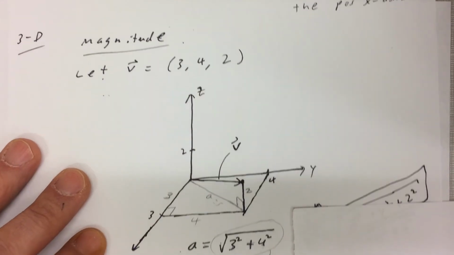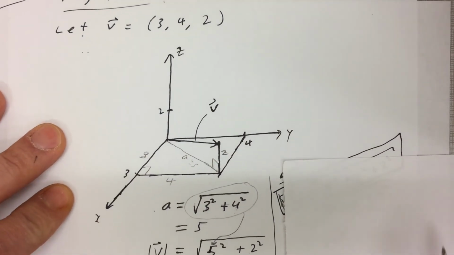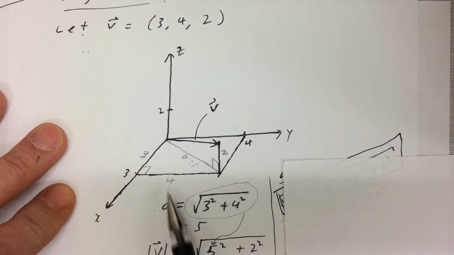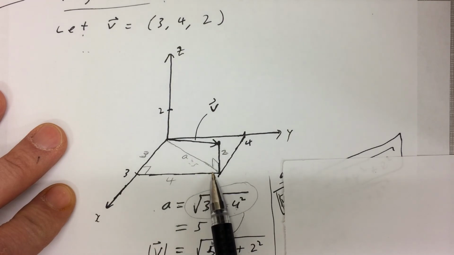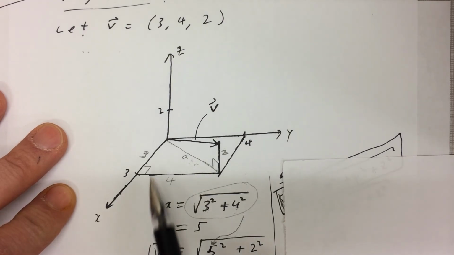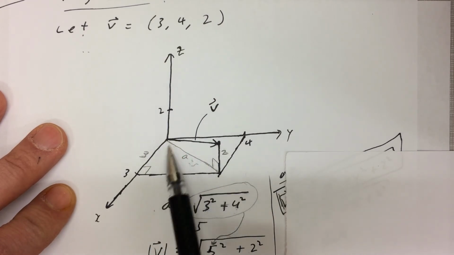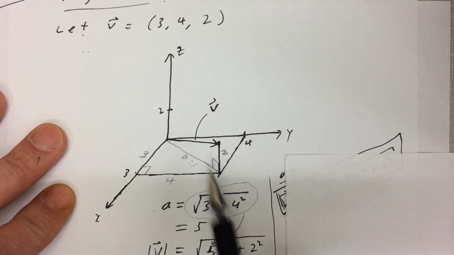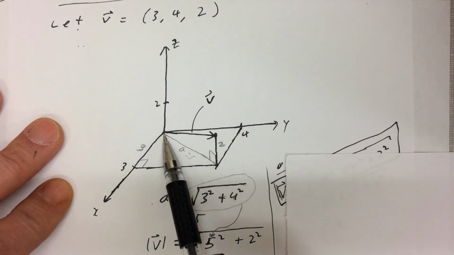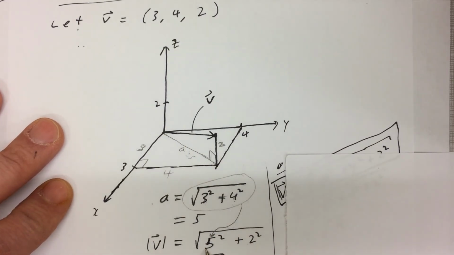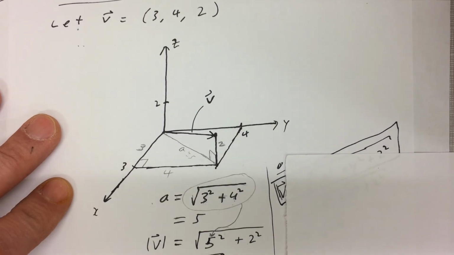Okay. So this is just what I was saying. You got a, which is this line here, equals root 3 squared plus 4 squared, which is 5. Okay, using that right triangle there at the bottom. And then once you've got that, use Pythagorean Theorem again with the 5 and the 2, and you get root 29.